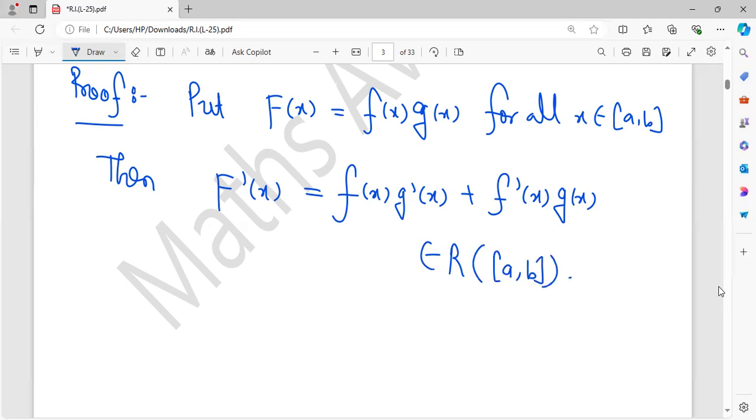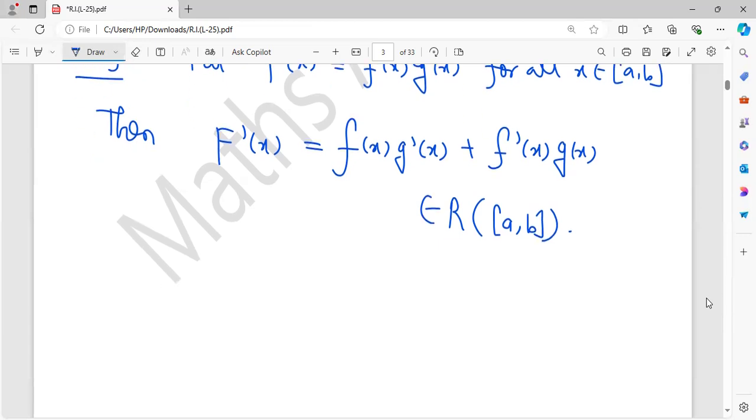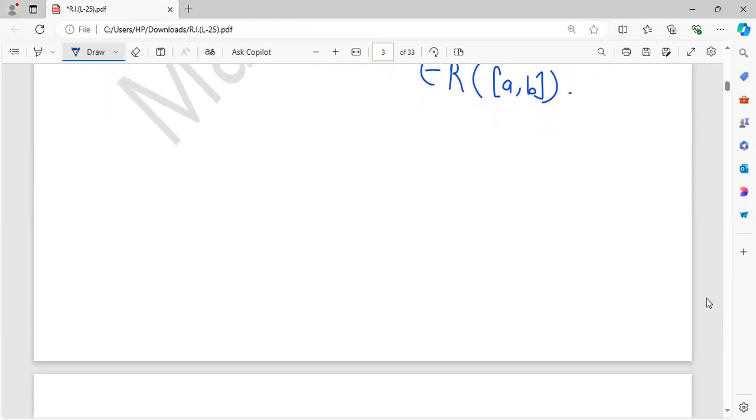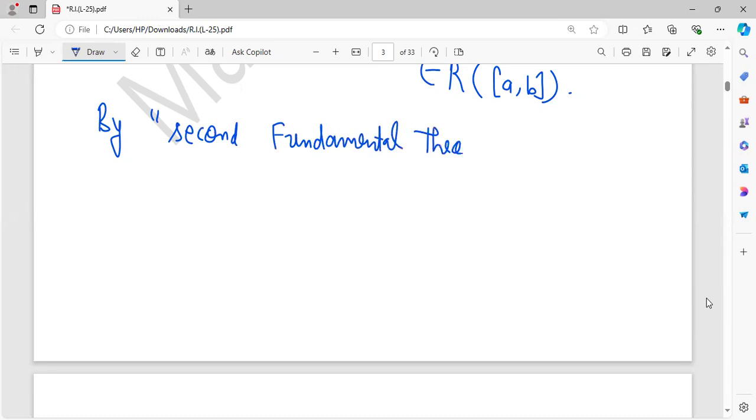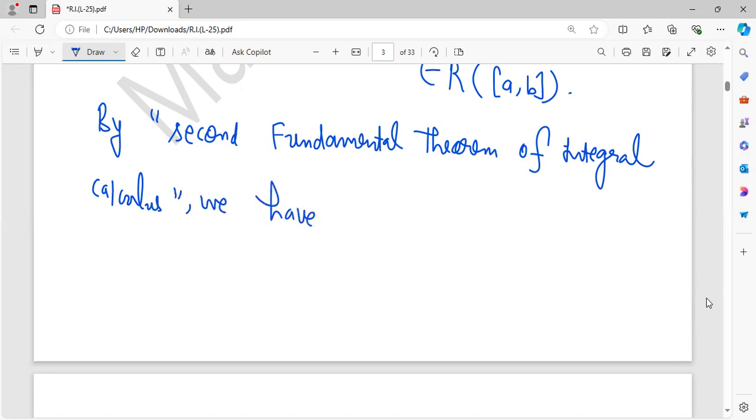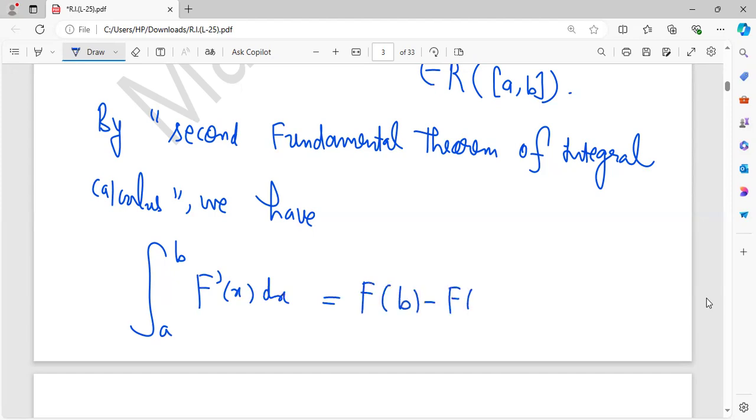This function belongs to R[a,b]. By the second fundamental theorem of integral calculus, we have the integral from a to b of F dash(x) dx is equal to F(b) minus F(a).